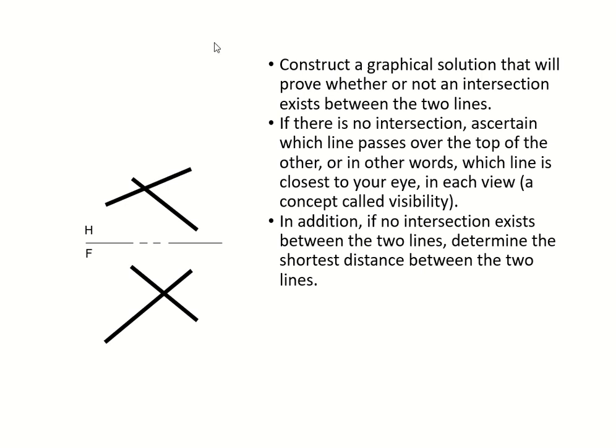We have to determine which one is closest to your eye, because the closer one is on top. We call this the concept of visibility. And if there is no intersection between the given lines, we have to determine the shortest distance between them. If they're not crossing, then there is a gap between them. What is the shortest distance?